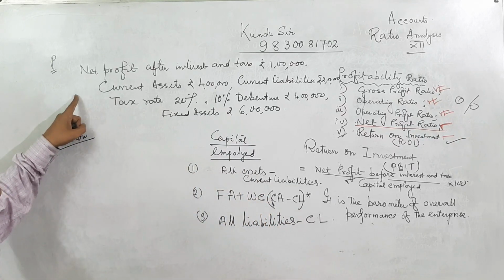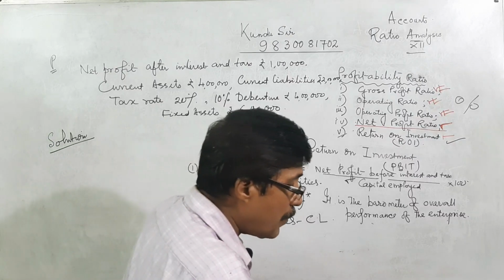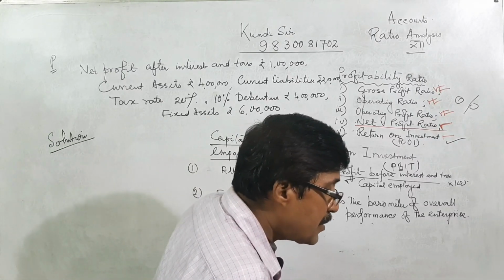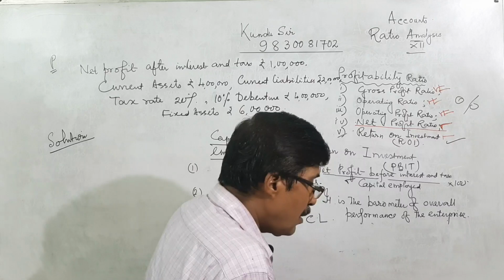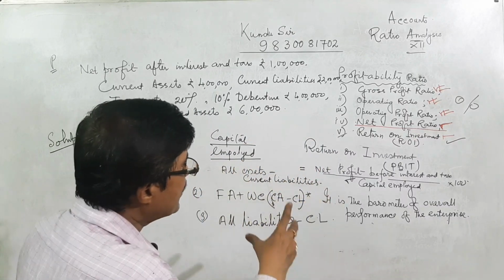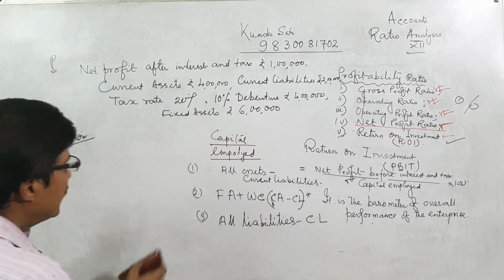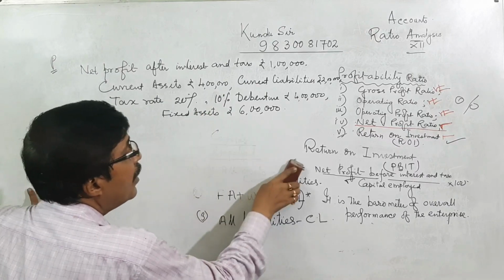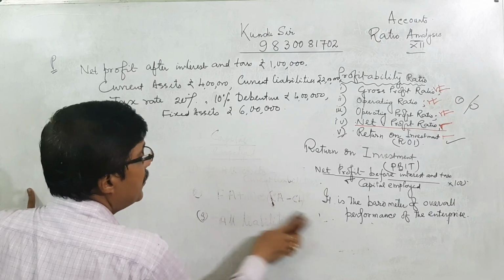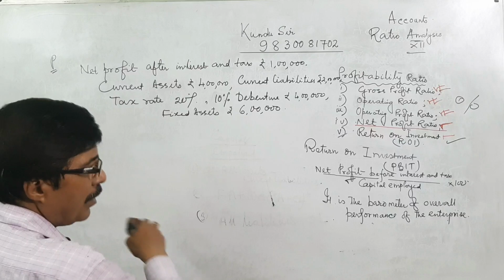One problem is mentioned here, and now I am doing this problem. What is the ROI, the return on investment? First, I am going to calculate the ROI from this.